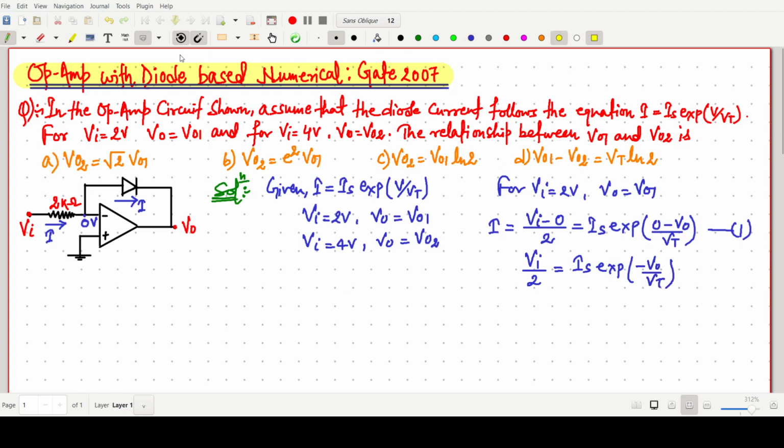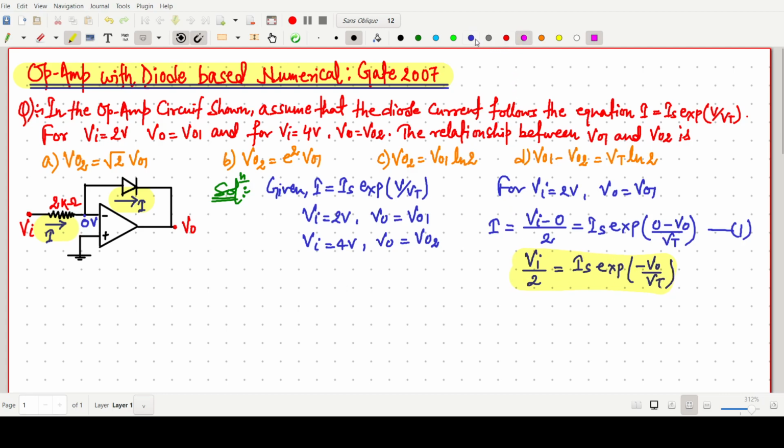I am highlighting this because it is a very important relationship. This I and this I will be the same, from simple KVL: the input voltage Vi minus 0 by 2, and this I from the diode equation, 0 minus the diode voltage, 0 minus V0. So we can write this as an equation.